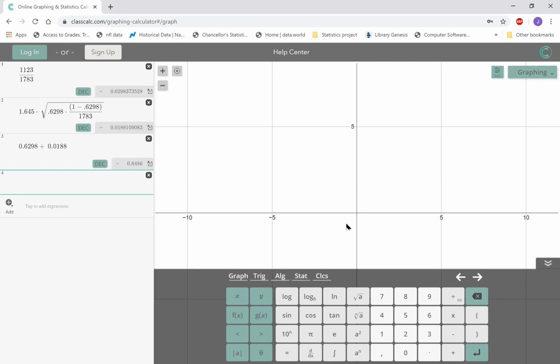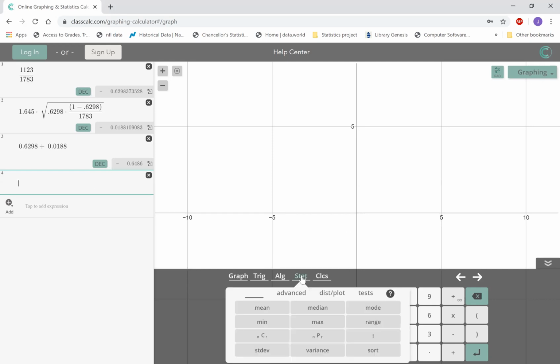In ClassCalc, what I want you to do is hit the stats button, go over where it says test. If you look at the second row where it says 1-PropZInt, that's what we want to use because we want the one prop z interval. So I'm going to select that.